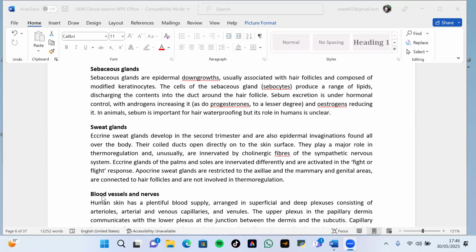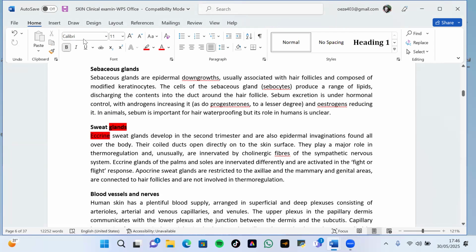Another group of sweat glands, because first we have talked about the eccrine sweat glands, which are found all over the body and produce sweat. Another group is the apocrine sweat glands.